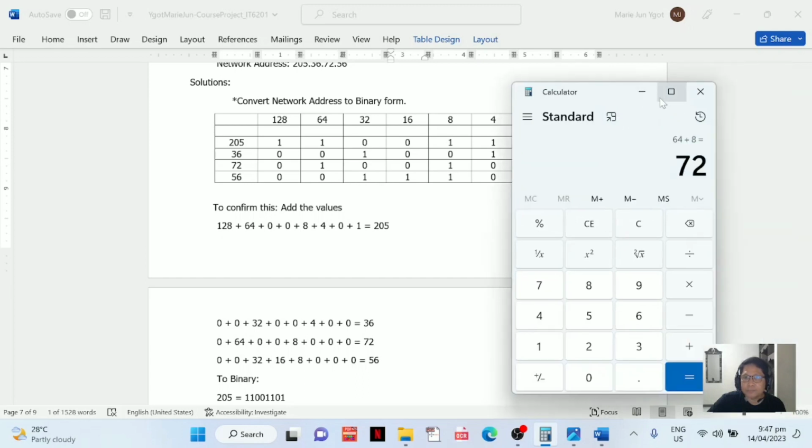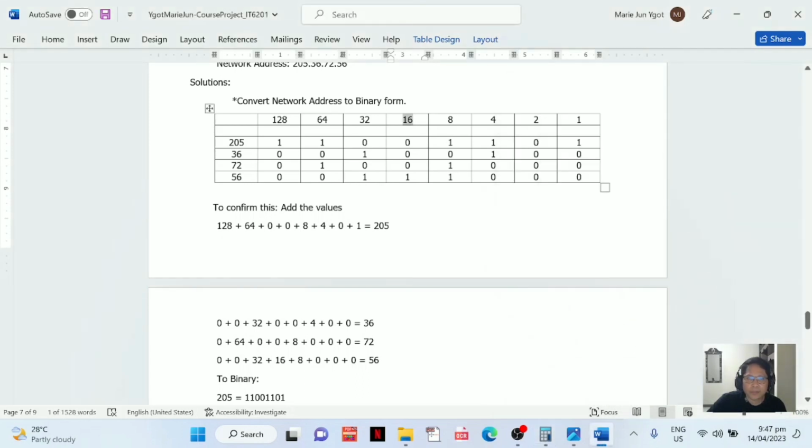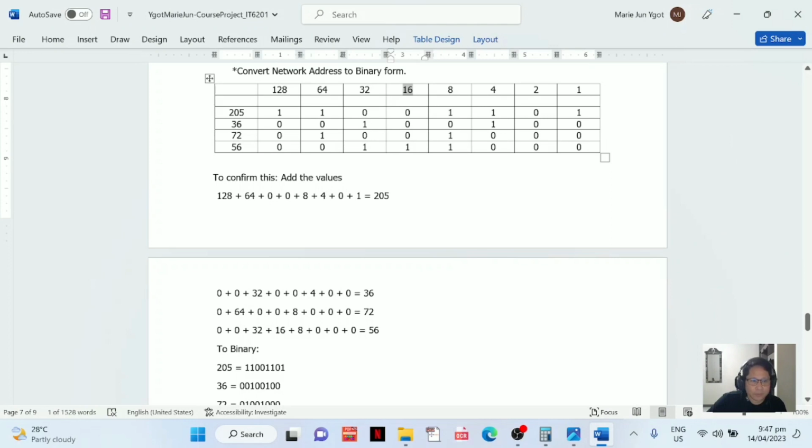Okay. So again, this is this one here: 0 plus 64 plus 0 plus 0 plus 8 plus 0 plus 0 plus 0 is equal to 72.